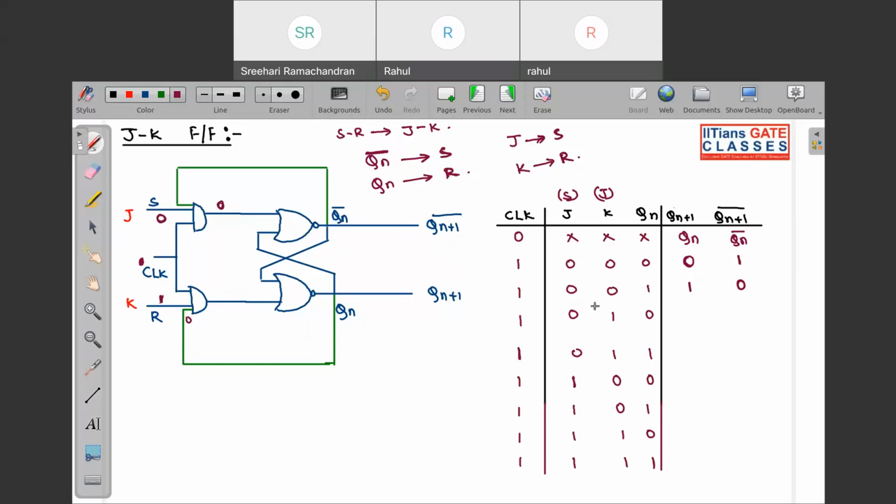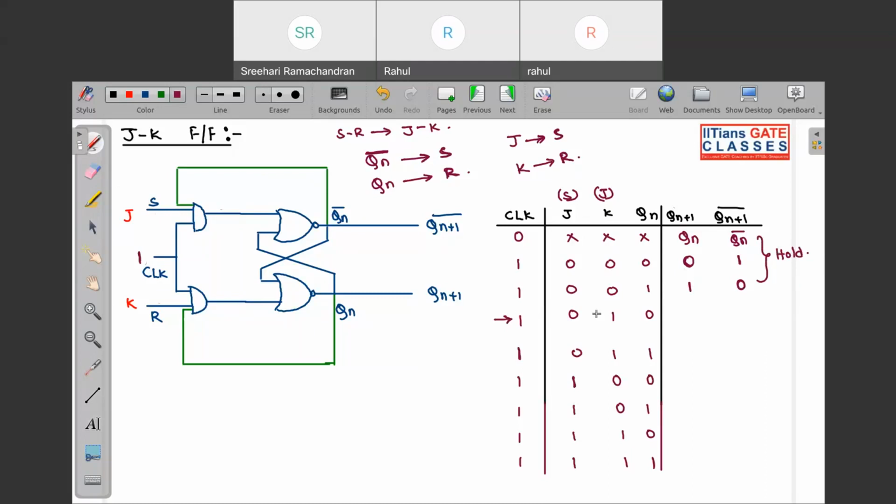Okay, so S is 0, J is 0, K is 1. Let me do it once again. Clock is 1 every time. Where is our case? This case. So these three are hold cases only.